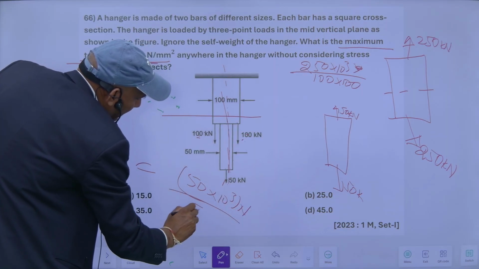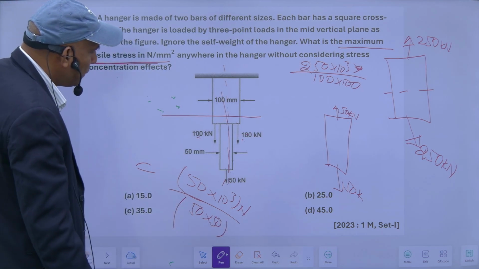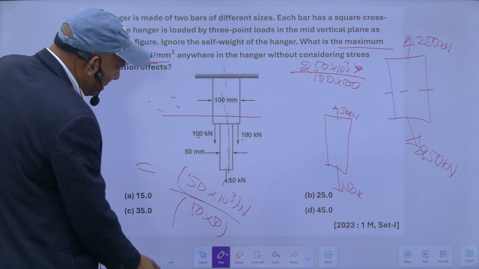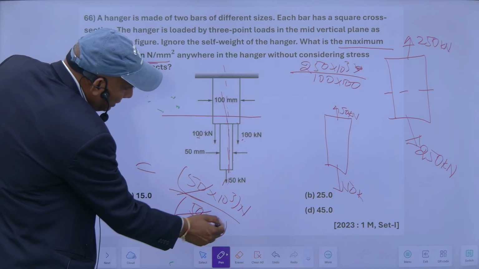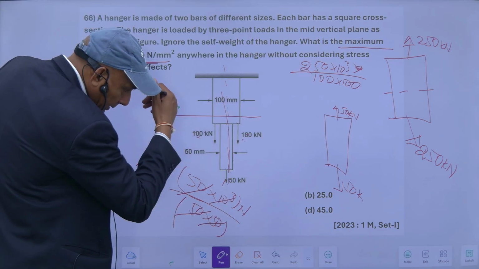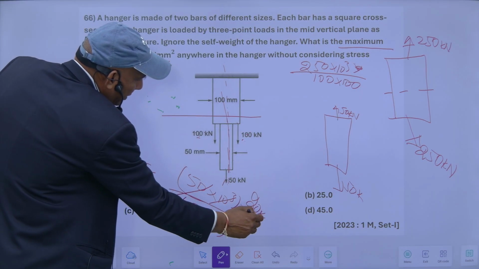This area will be 50 into 50, square cross section. So this and this will cancel each other. This is 1000, means it will be 20 Newton per mm square in this case.